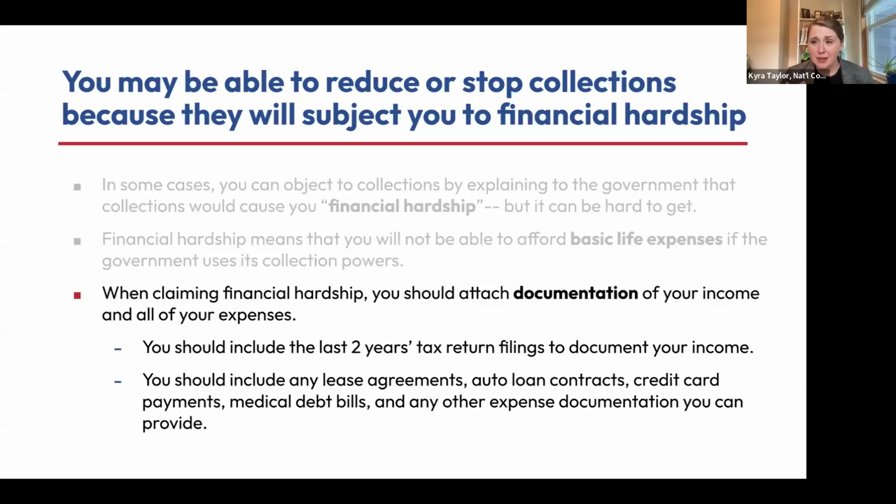So this is a tremendous undertaking to pull the physical copies of your last 2 years of tax return filings to submit with your financial hardship assertion, and copies of any bills, lease agreements, auto loan contracts, credit card bills, medical debt bills, and any other expense documentation that you can provide. You need to provide as much documentation as possible to show that collection will cause you financial hardship.